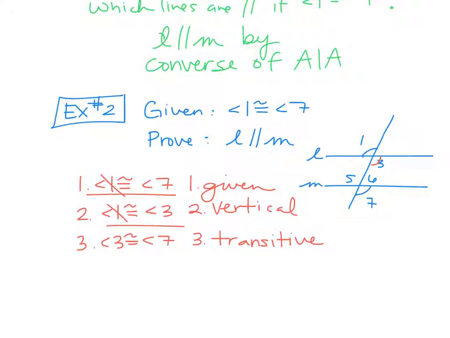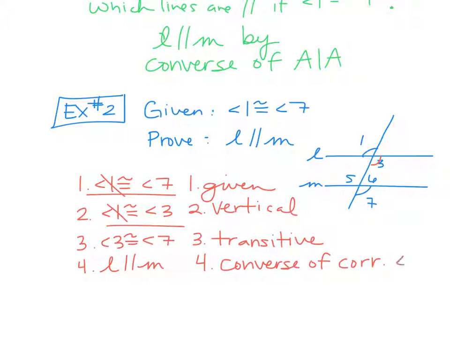So now we can say because 3 is congruent to 7, line L is parallel to line M by what? Converse. Good catch. The converse of corresponding angles, right?